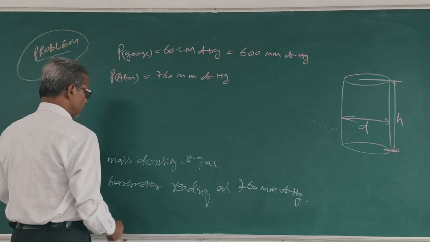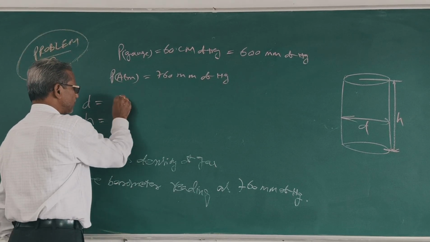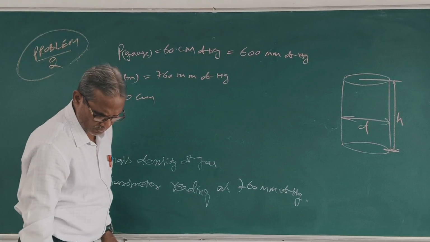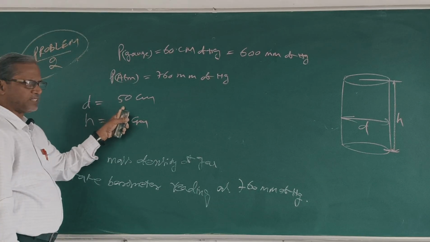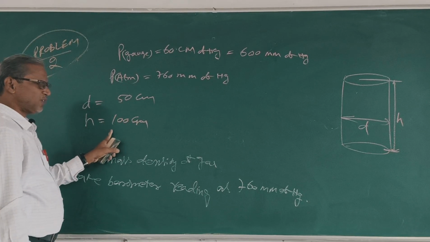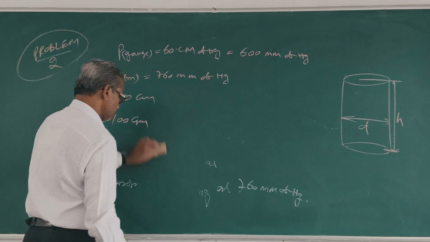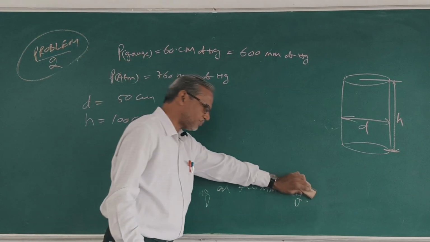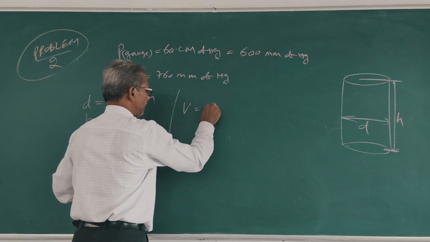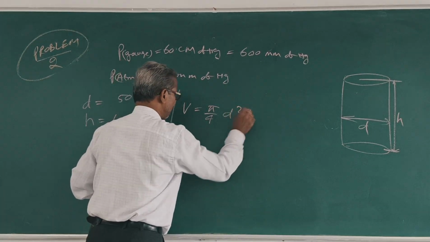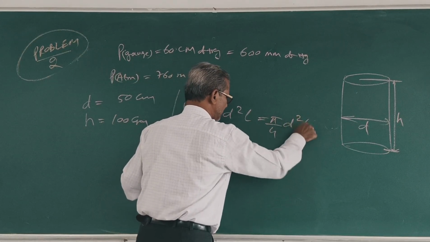Diameter D, height H. Diameter is equal to 50 cm, and height is equal to 100 cm. Clear? We will find out volume. What is the volume of a cylinder? Pi by 4 D square H. Clear?